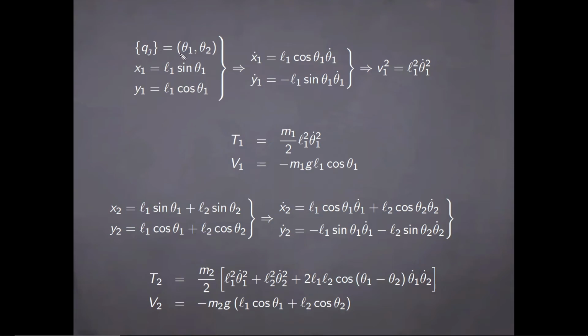Our generalized coordinates are the two angles here, and we can write the coordinates of the first mass point accordingly. We can calculate the squared velocity and find the kinetic and potential energy. Here the potential is written in such a way that when the pendulum is horizontal, it should have its maximal value, which is 0, and when it's vertical and hanging down, it should have its minimal value.